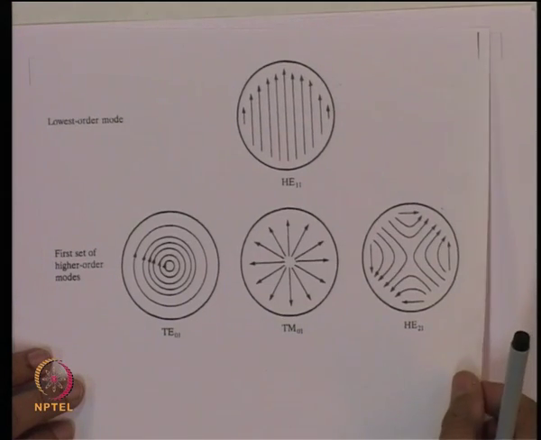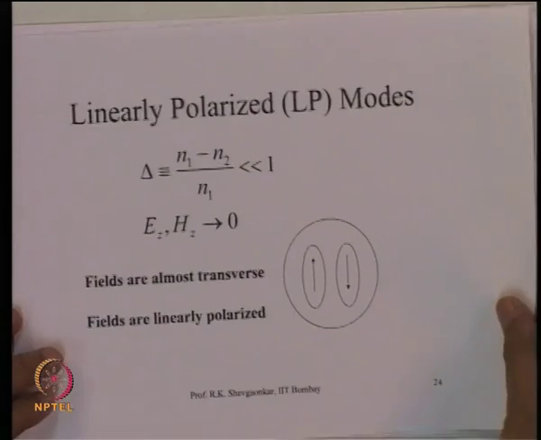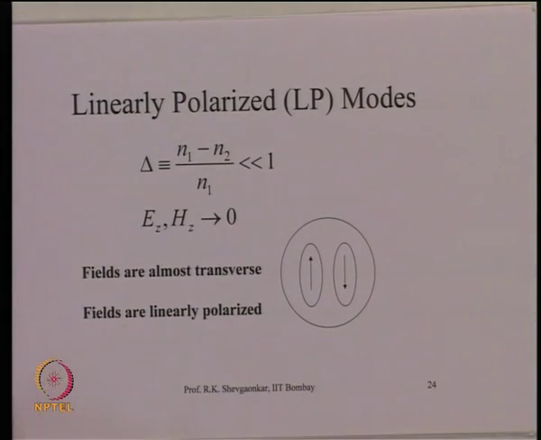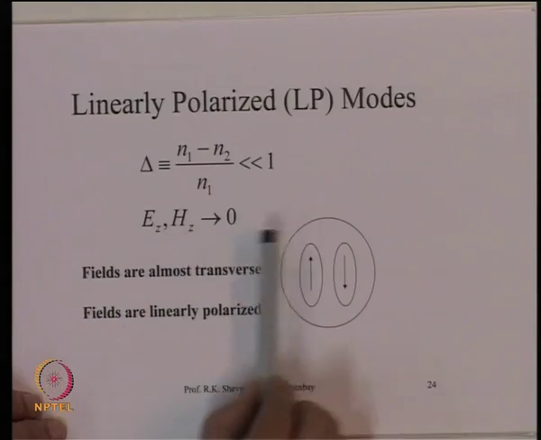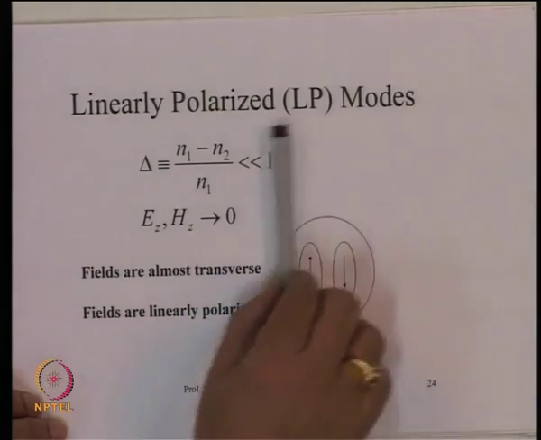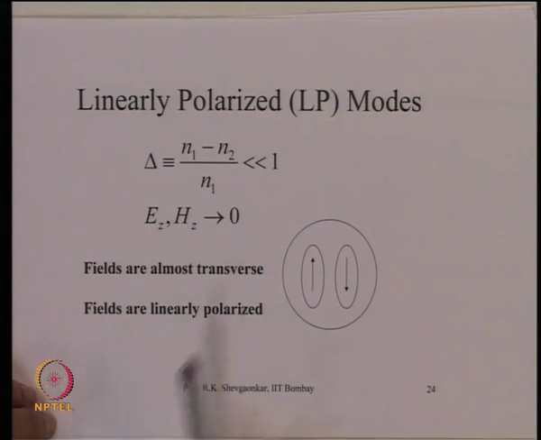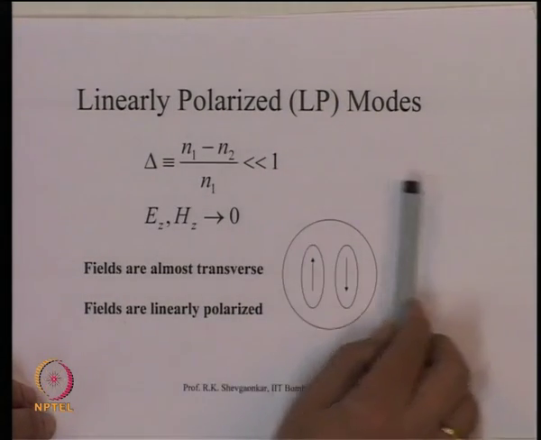What one can show is that if you have a weakly guiding approximation, then you have an intensity variation in the cross sectional plane, but as far as the direction of the field is concerned, it remains practically the same everywhere in the cross sectional plane. If it is vertical, it will remain vertical everywhere.